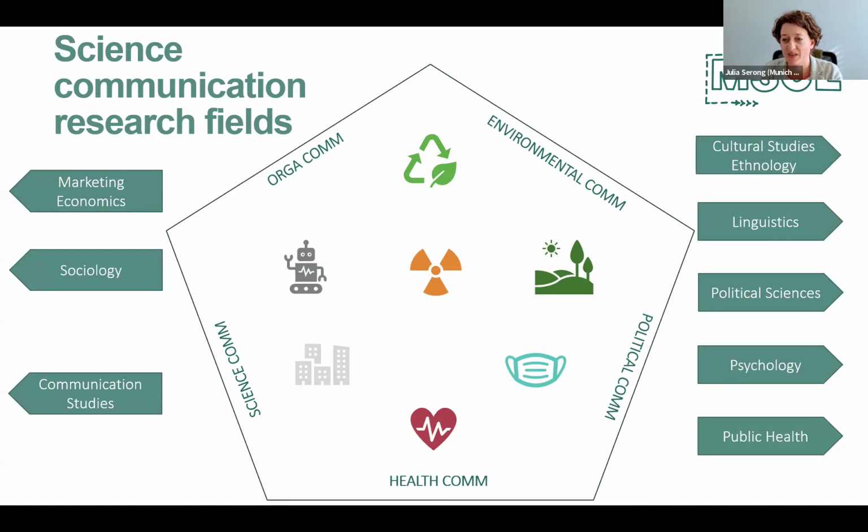And therefore, I'm a bit hesitant to say science communication is a research field in its own. Yes, on the one hand. On the other hand, it's highly interdisciplinary, and I think that's okay, because we benefit a lot from other disciplines here, like sociology or communication studies, but also political sciences, psychology, or public health, etc.